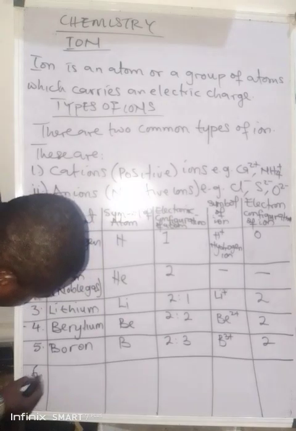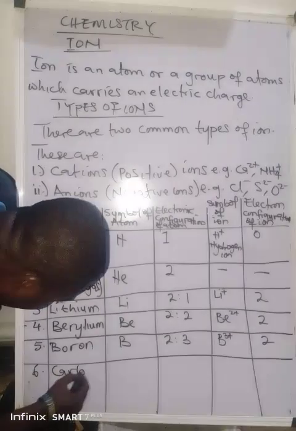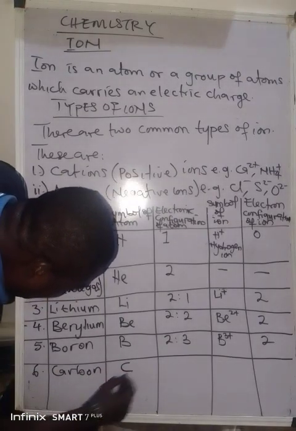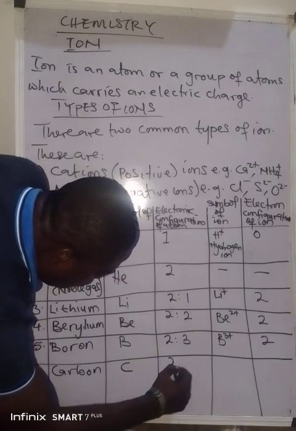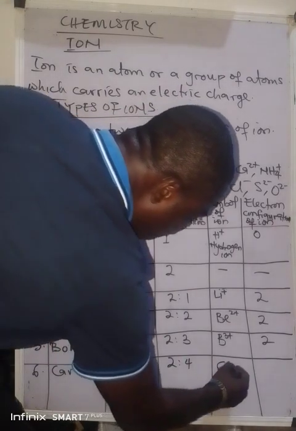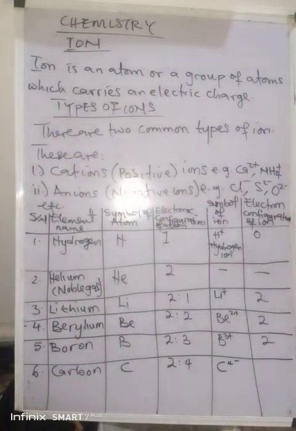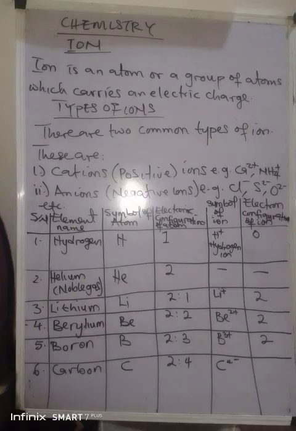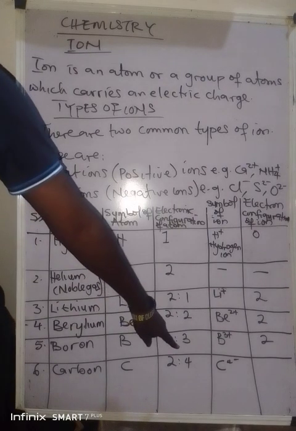Then number 6 is carbon. Symbol of carbon atom is C. Configuration is 2:4. But it cannot lose 4. I told you anything 4 and above, it can't lose it. But it can borrow. Then it now becomes C4 minus. This 4 minus means it borrows 4 to add to this 4.